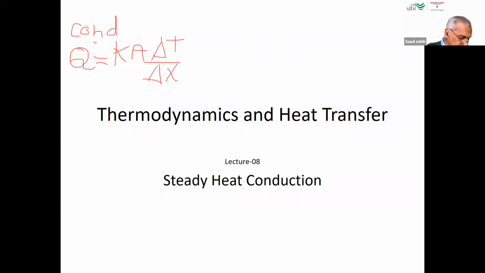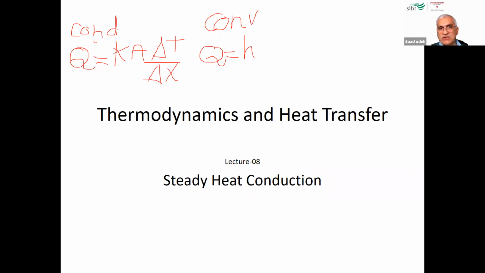And also heat transfer by convection, we said the same process. We call this conduction equation Fourier's law. For heat transfer by convection, we follow Newton's law of cooling, which is Q dot equal to h, the heat transfer coefficient.